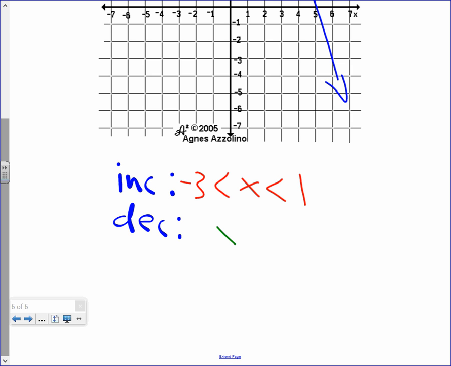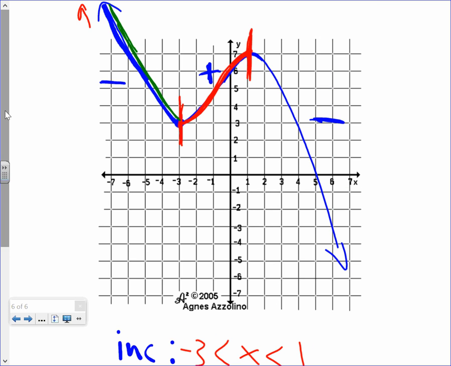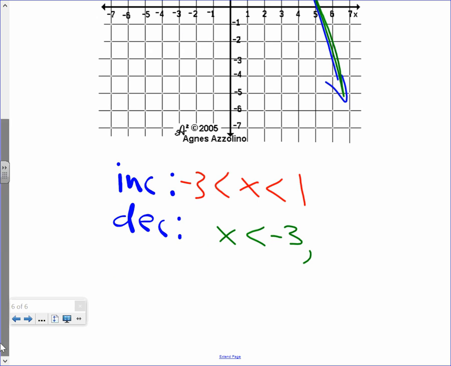So x is less than -3. But it's also greater than 1. Put x is greater than 1.